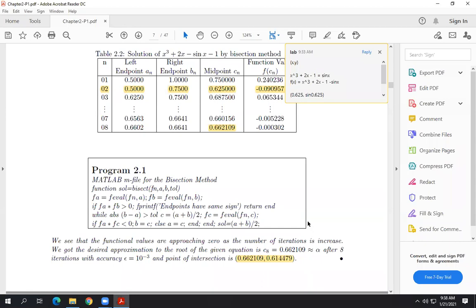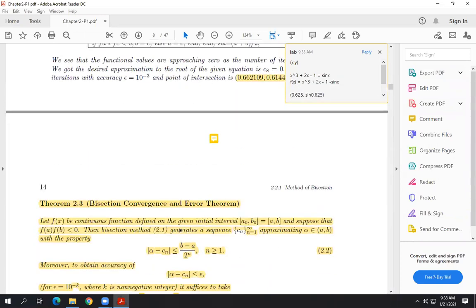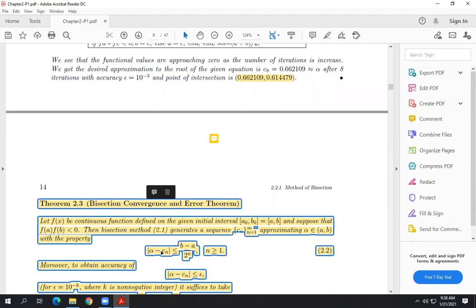But remember, I told you the absolute error needs the exact answer, the exact root, and there is a 99.9% chance we are not given alpha. We need another formula which we call error bound or upper bound, same thing. The upper bound or error bound does not need the exact answer, it needs only the approximation formula. Now I give you the error bound formula of the bisection method in the form of Theorem 2.3, and this is this one.